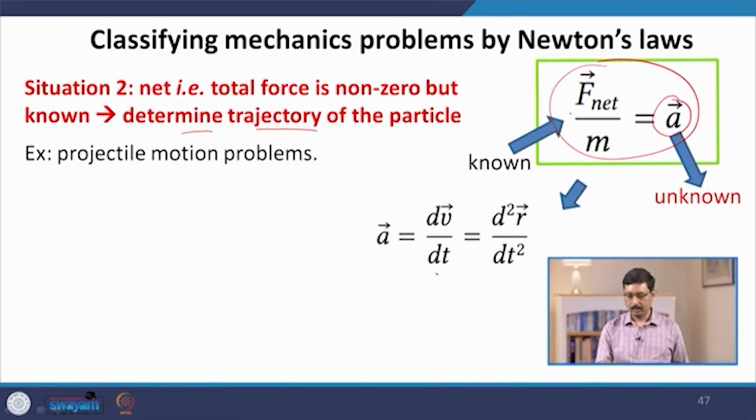So, this is known and this is unknown. Once we calculate the acceleration, you can relate it to velocity using the definition that acceleration is the rate of change of velocity, and to position with the definition that acceleration is the second derivative of position with respect to time. Note that these are differential equations.